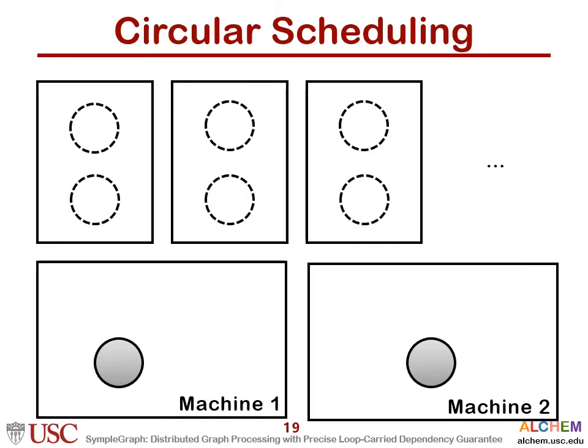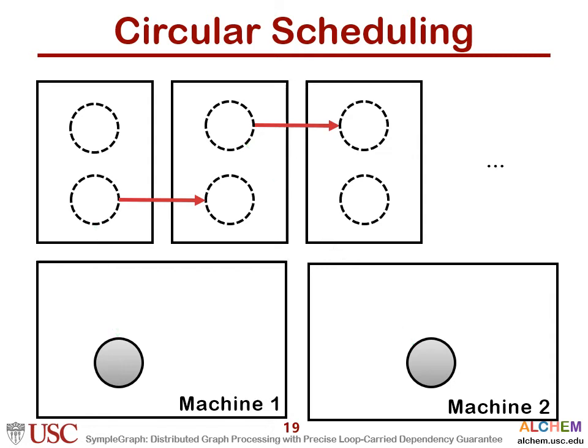Suppose we have 2 machines that are doing things in parallel. The 2 machines will start from different parts of their neighbors. So in the first step, they will start from 2 different neighbors, so the processing of them can be done in parallel. After processing these neighbors, they will send the dependency message.